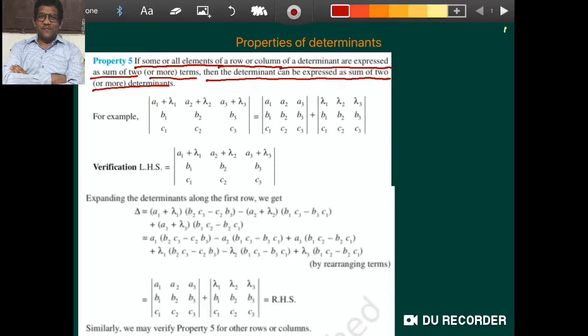For example, the determinant with rows A1 plus lambda 1, A2 plus lambda 2, A3 plus lambda 3; B1, B2, B3; C1, C2, C3 can be expressed as the determinant A1, A2, A3, B1, B2, B3, C1, C2, C3 plus the determinant lambda 1, lambda 2, lambda 3, B1, B2, B3, C1, C2, C3.